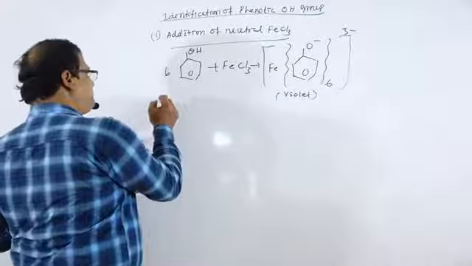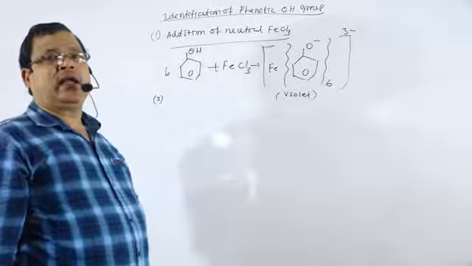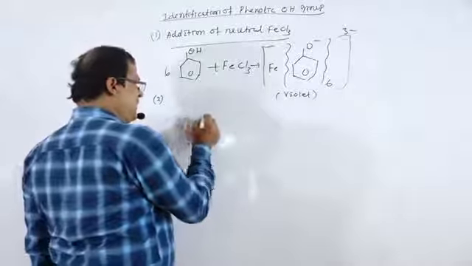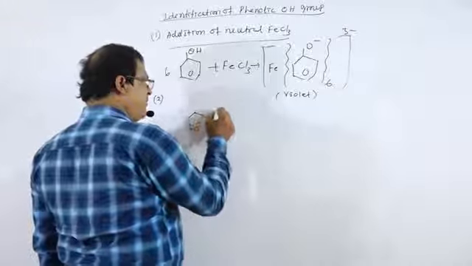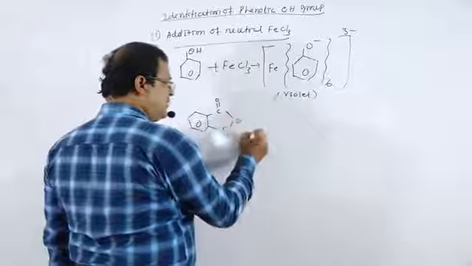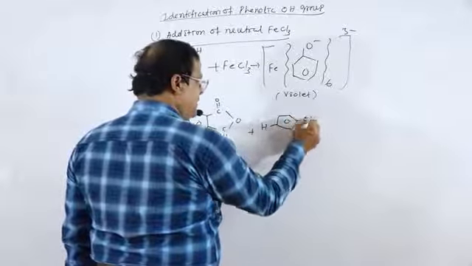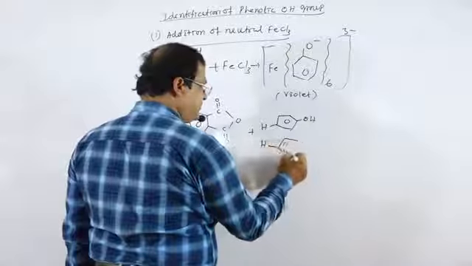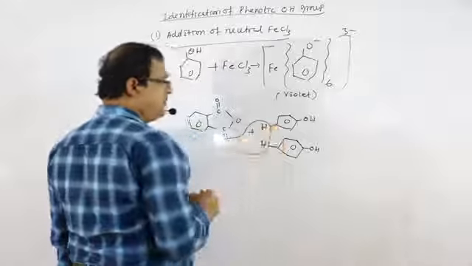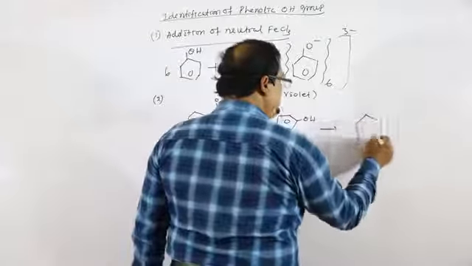Next one, that is the reaction with phthalic anhydride, formation of phenolphthalein. Already we have explained. So phthalic anhydride is treated with phenol. H and OH combine to form water. So there is the formation of phenolphthalein indicator.